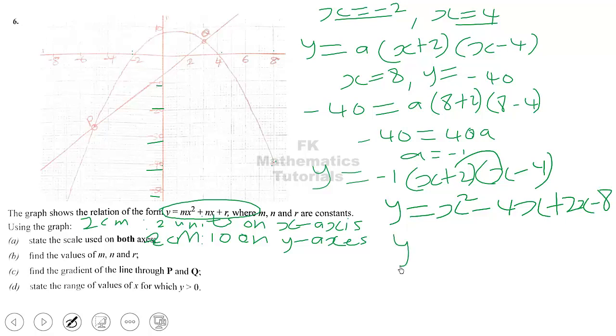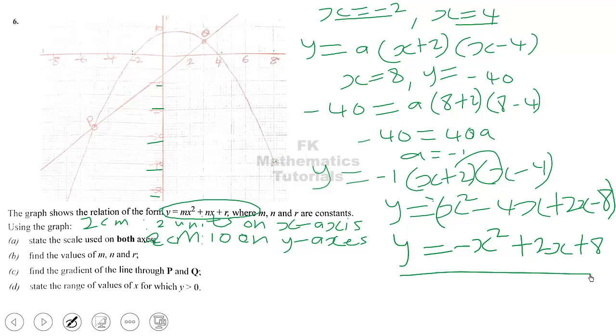With the negative sign, y equal negative x squared plus 2x plus 8. When we expand and simplify, we get this result.